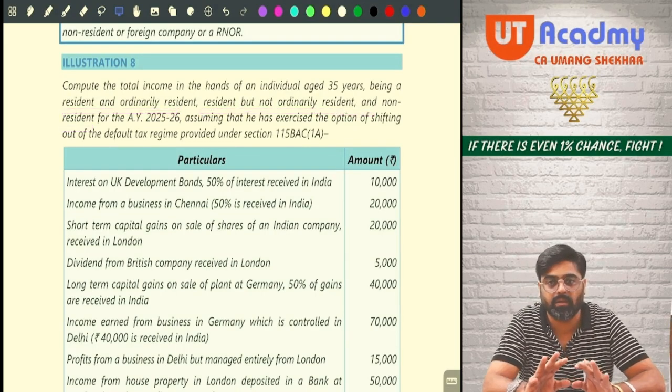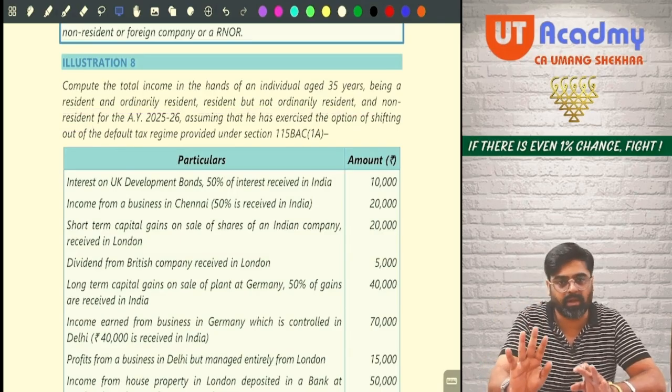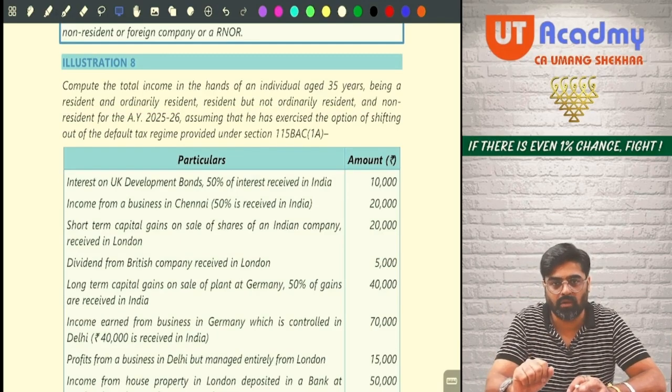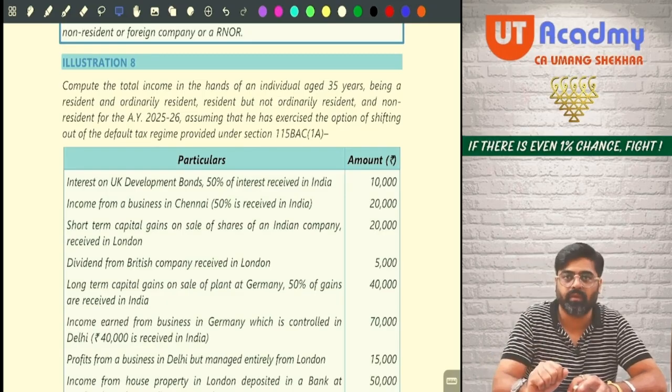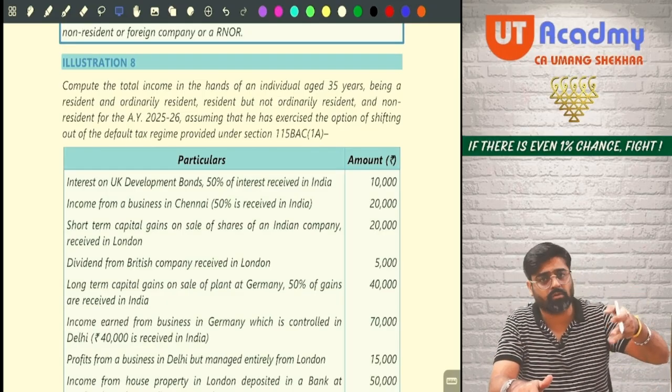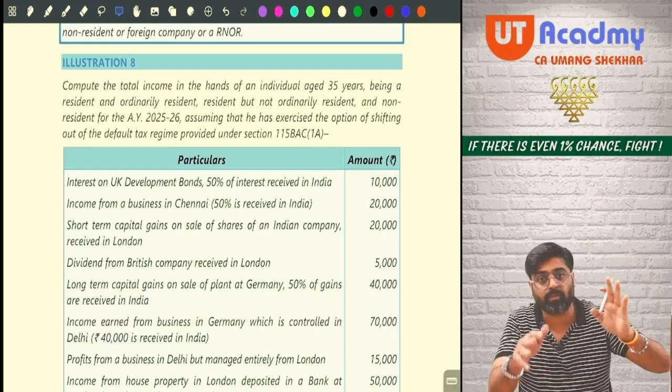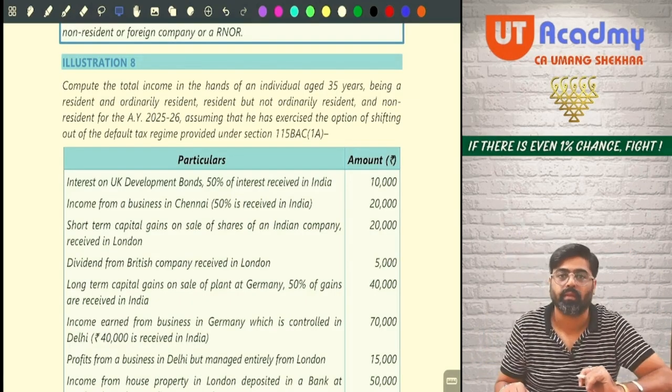Meaning that whoever is earning this income is an individual whose age is 35. His residency status can be ROR, RNOR, or NR. It can be any residency status, but he is earning these incomes.